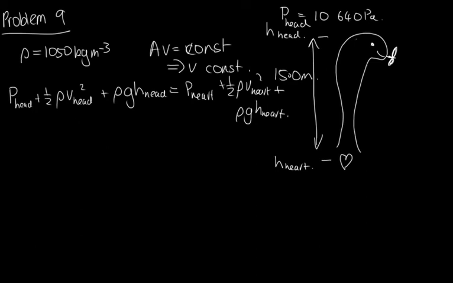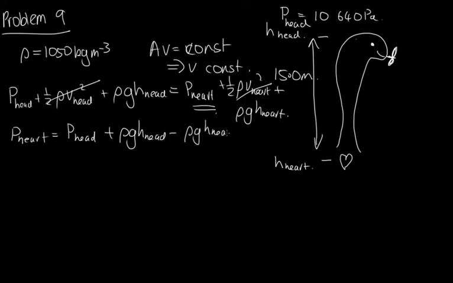Now we've just said that the velocities are the same, so this term and this term will cancel out. And what we're trying to work out is the pressure in the heart. So the pressure in the heart is equal to the pressure in the head plus rho g h head minus rho g h heart.